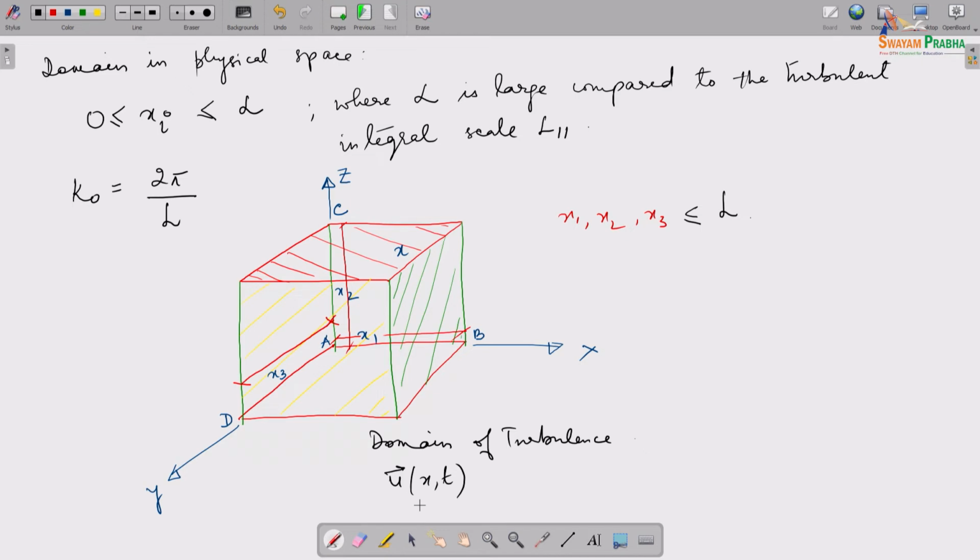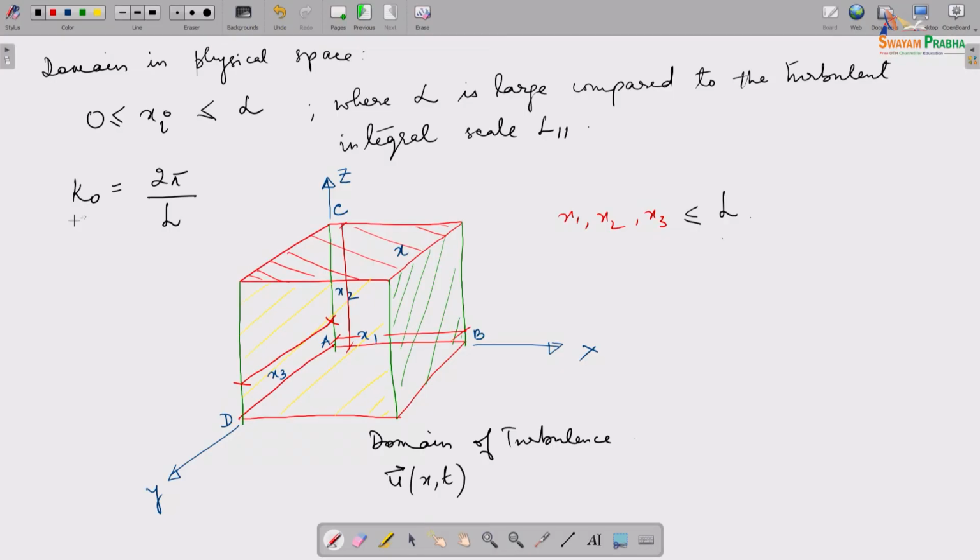So where is this x? This x is x1, x2, x3 at some instant of time, essentially within this cube. These sizes of the lengths of the sides are much less than this L, which is very large compared to the integral scale L11.